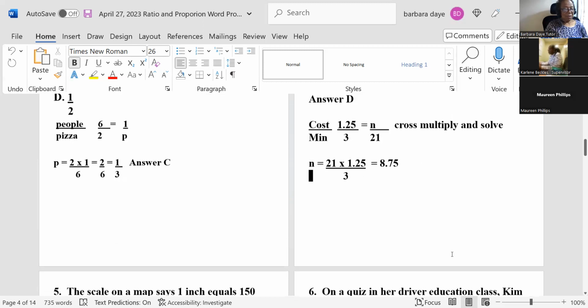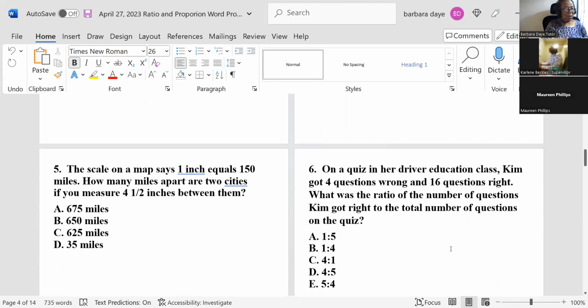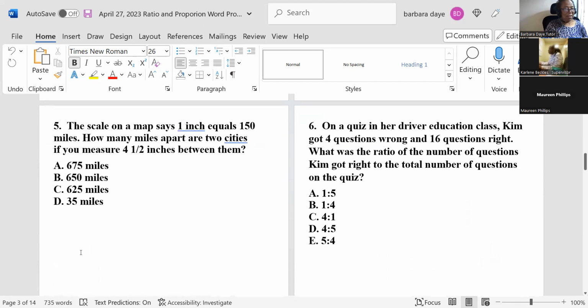Oh, you did that one so quickly. Okay, Maureen, number 5. You got another one. I know you can do this one. This is a map scale, right? 1 inch equals 150 miles.